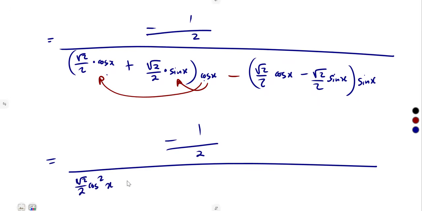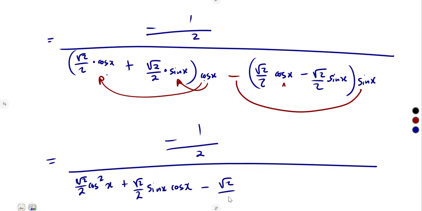All right. Then here plus square root of 2 over 2 sine x times cos, which is sine cos. There, as we multiply, do not forget the negative. So you take this as a single term, negative and sine of x. All right. So it's negative and sine of x at the same time, multiplying cos. So it's going to be negative square root of 2 over 2 sine x cos x.